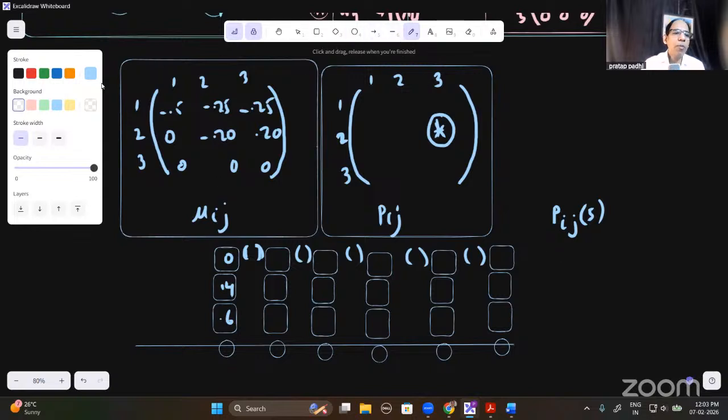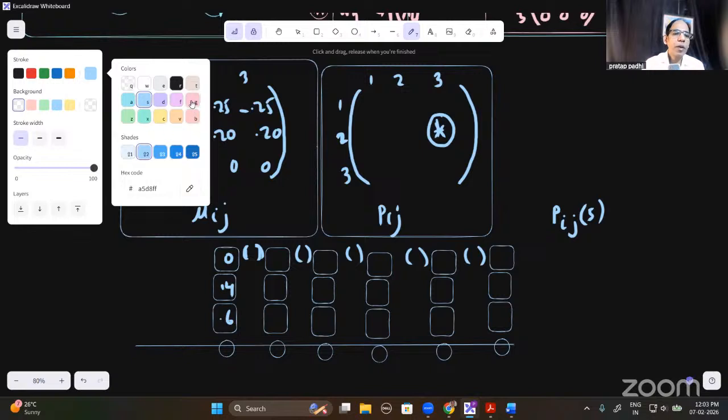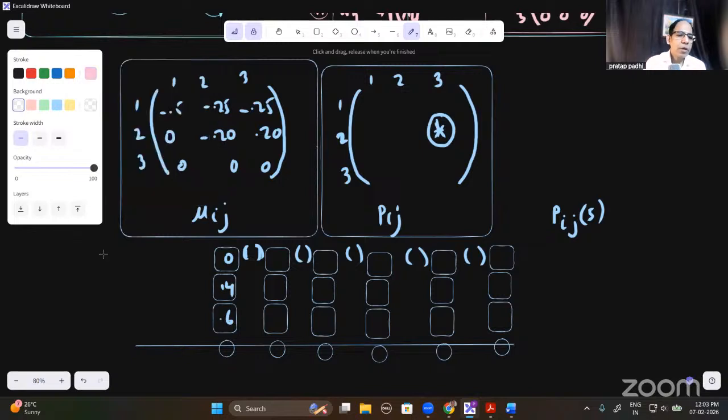If you solve the Kolmogorov differential or integral equation, whatever, okay? I'm writing differential because I didn't teach integral.